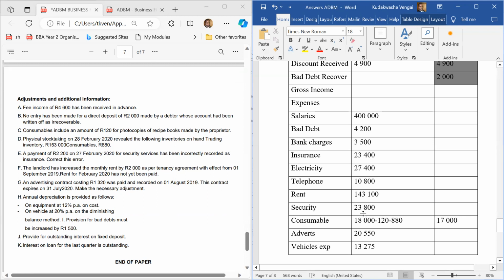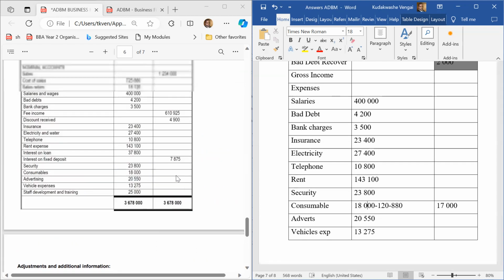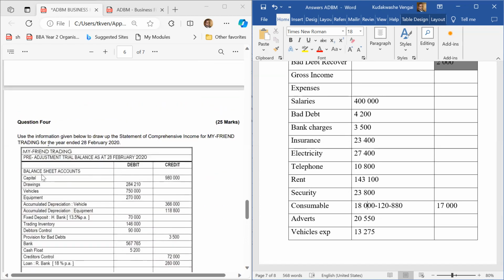Most of the time in the exam, the trading inventory in the balance sheet will be more than the physical stock take that you count. So what usually happens in a company is you go and count your stock. According to the books, you will say, oh, we've got 200,000 in stock. But after counting it, you see you only have 190,000.